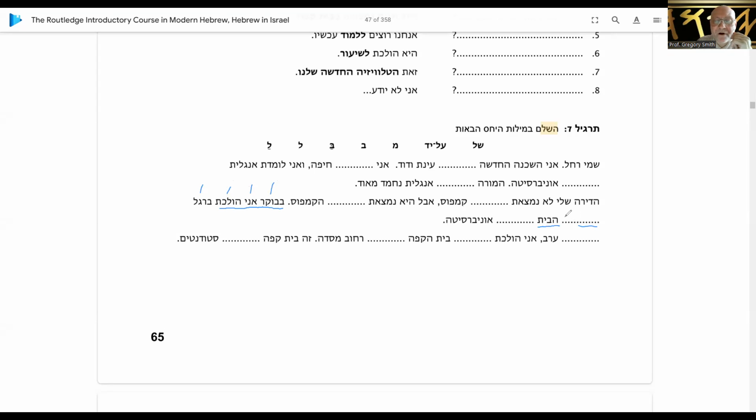Oh, I bet you it's from the house. I bet you it's going to be this one right here. Mehabayit, from the house, blank universita, to, maybe it's la universita, to the university. Mehabayit, to the university. Okay.